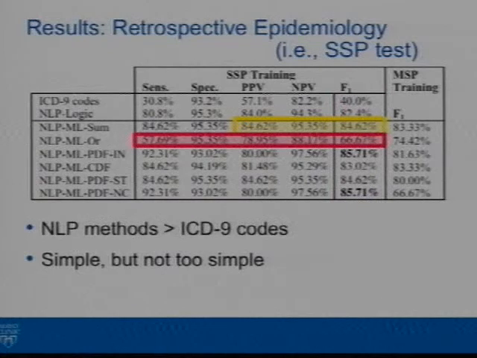Another thing to note on this table here is that the sum algorithm actually does really, really well. That sum algorithm, it's just doing counts. It's very simple, but it gets very promising performance. And there's a recent article in JAMIA by Hripcsak. It's talking about sequence time versus clock time and the parameterizations of time.